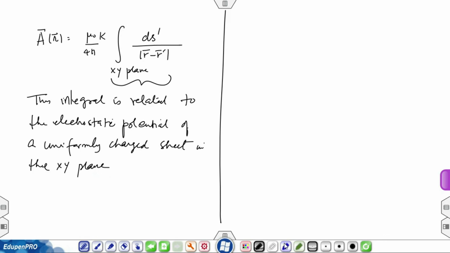If I take the sheet z equals 0, it carries a uniform charge sigma.